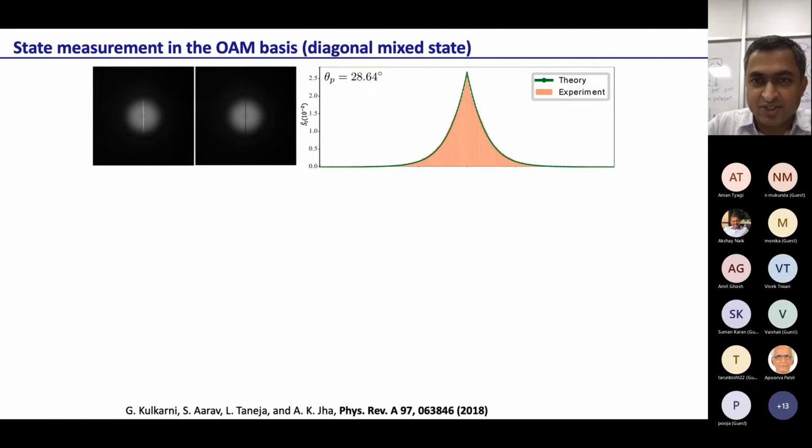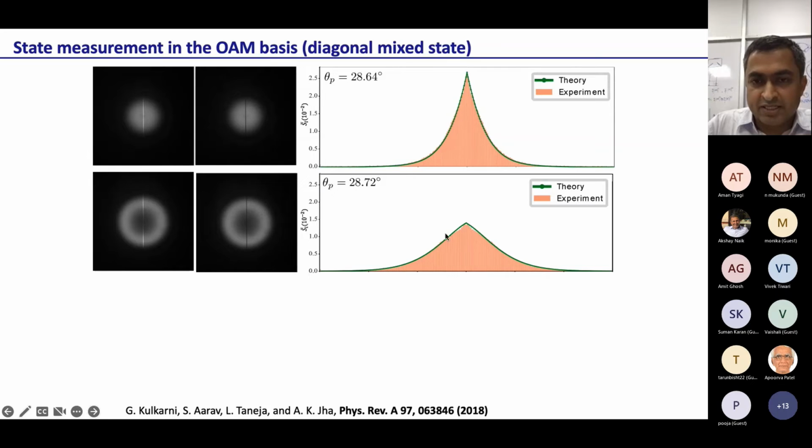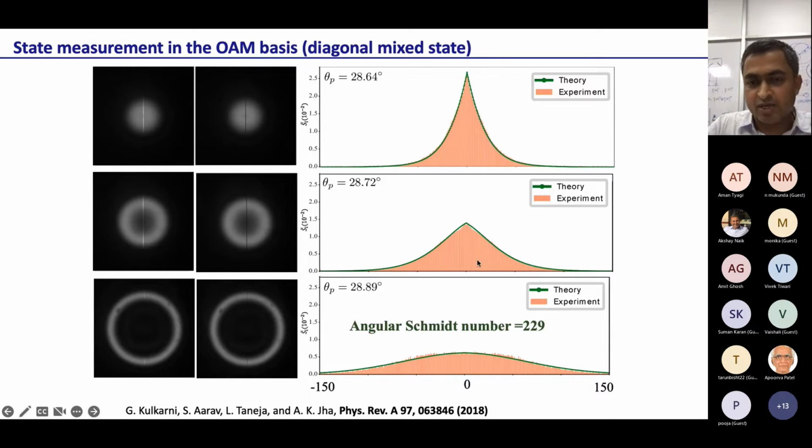We showed that we can get rid of that little mismatch over here. So now the tilt of the crystal becomes a fitting parameter, and we can match it much more nicely. Not only that, by changing it at different tilts, one can generate an even broader spectrum. And after a year, we reported an angular Schmidt number of 229. So this was for measuring the quantum state tomography in the OAM basis.